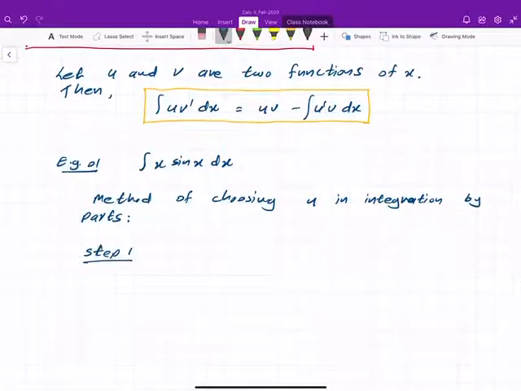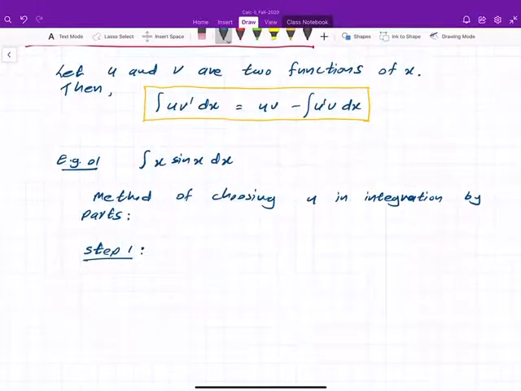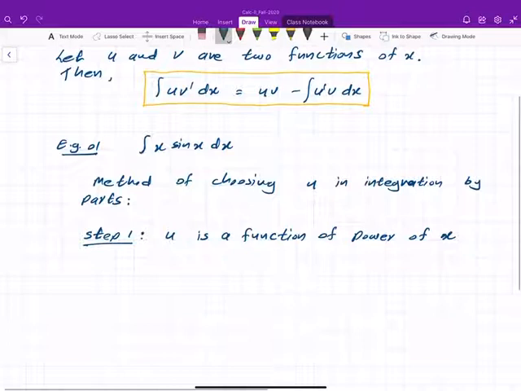First step: you consider u to be a function of power of x.